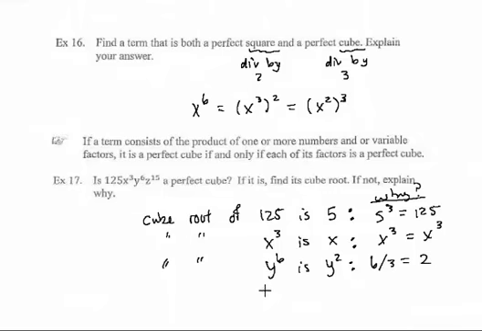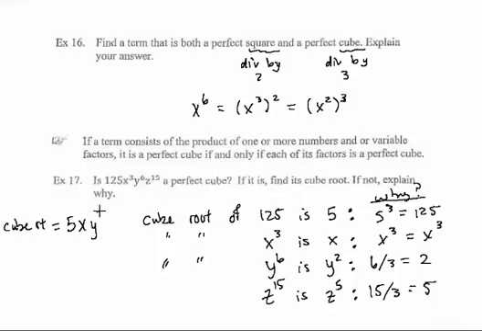For z to the 15th, the cube root is z to the 5th power, because 15 divided by 3 equals 5. So the cube root equals 5x y squared and z to the 5th.